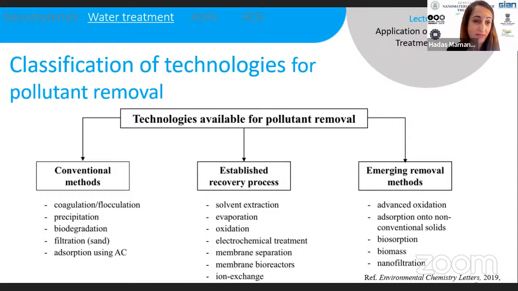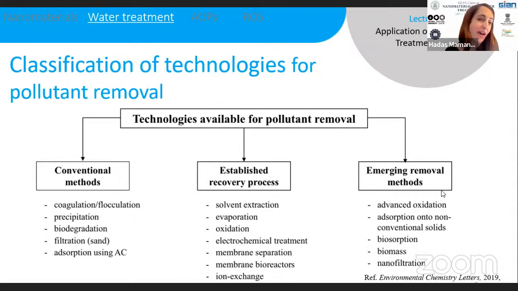All these are very standard conventional methods that are well known, and we also have different established recovery processes, and these can include extraction, evaporation, oxidation, electrochemical treatment, membrane separation, membrane bioreactors, ion exchange, and so on.